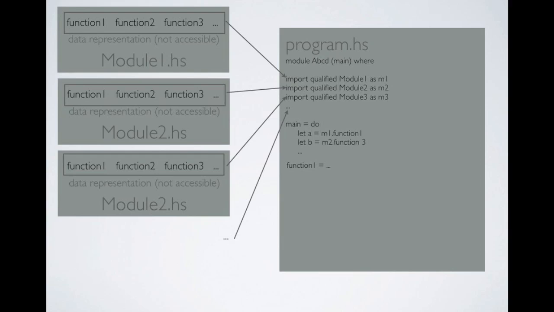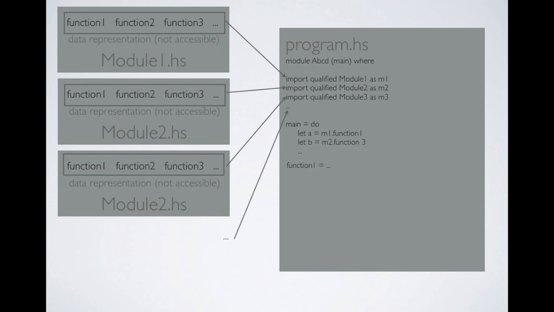So that's one of the reasons why you would want to do a qualified import rather than just a direct import. Once you have imported your modules, then you create your main function, main equals do, and so on. Then you go ahead and write all your other functions that you need to create your main function.